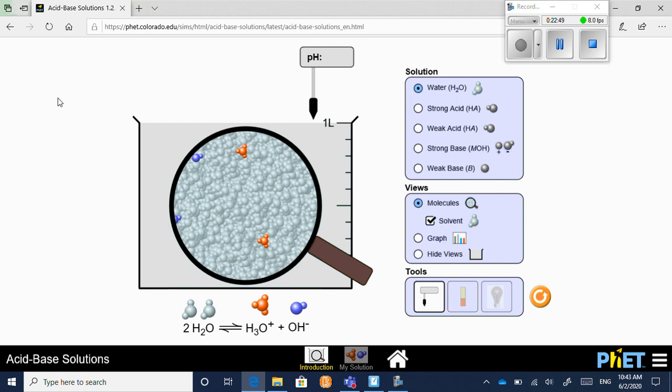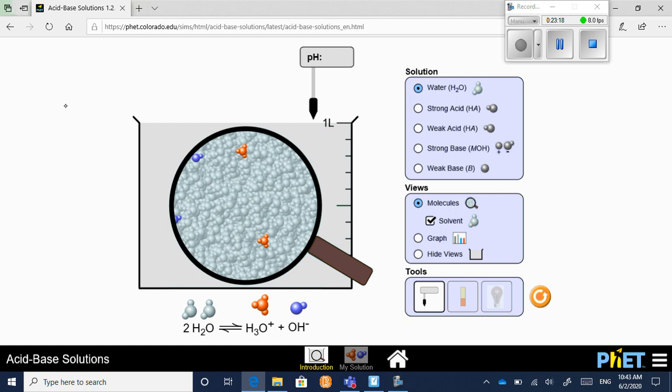You would think to yourself, well, water is very neutral, and you're correct. It is a very neutral substance. But even though it's neutral, it does break down into hydronium, which is the acidic ion, and hydroxide, which is the basic ion. But what's interesting about water is that it breaks into equal amounts. So that's why it remains neutral.